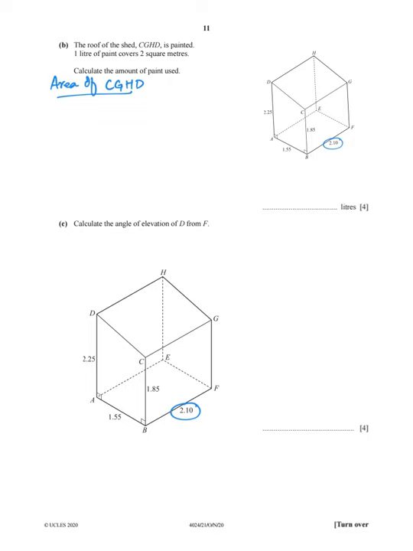So how do you find the length of CD? For that, first I will draw the line from C to this point, right? That is a 90-degree angle, and if I need to find the length from D to this point, that will be equal to 2.25 minus 1.85, which leads to 0.4. So that is the length 0.4, and we have the value of the base, that is 1.55.